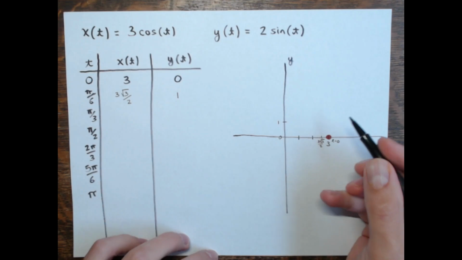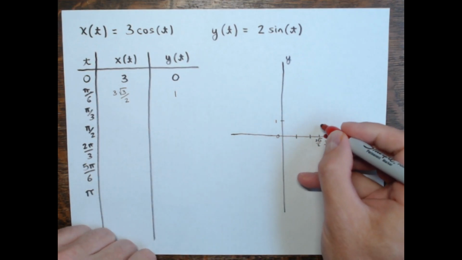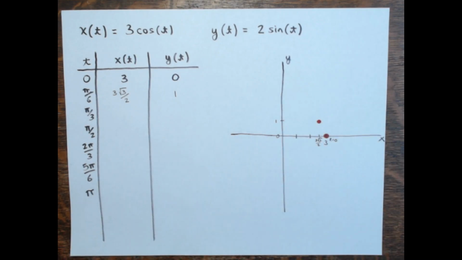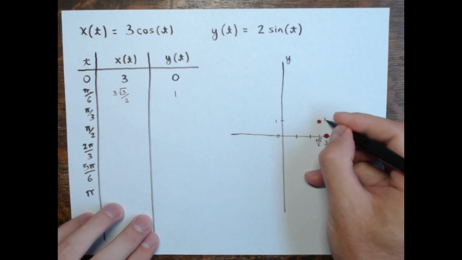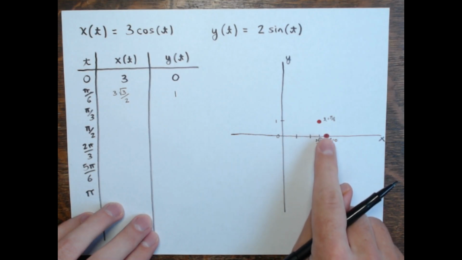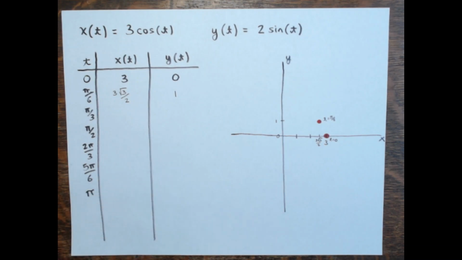And then 1 for the y-coordinate. All right, so I got this point here. Again, we'll see a much better version on the calculator later, but there's when t equals pi over 6. So we're going from this point to that point as the value of the parameter increases.